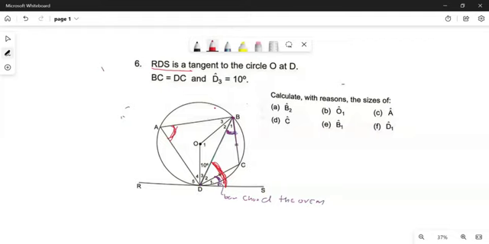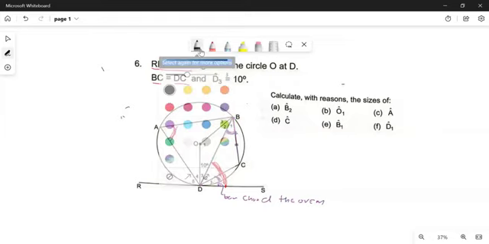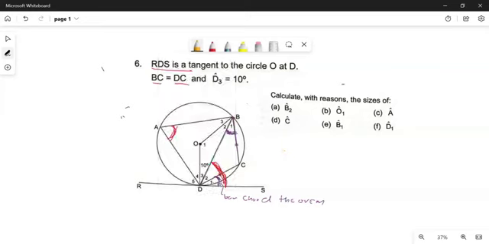I think that if we continue after the tangent, we are given that BC is equal to DC. Now, BC and DC are chords again. Then we can say, look at the following. This angle and this angle are going to be equal.